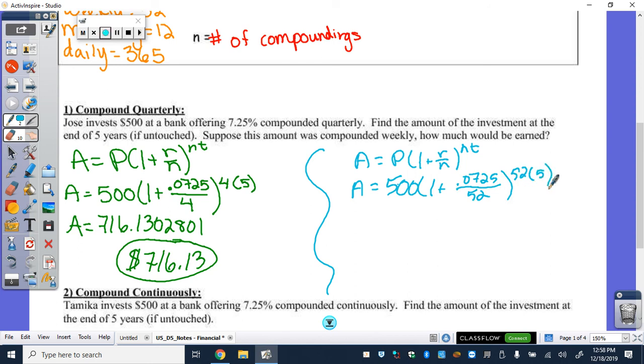So 500 times 1 plus 0.0725 over 52, to the 52 times 5 power.